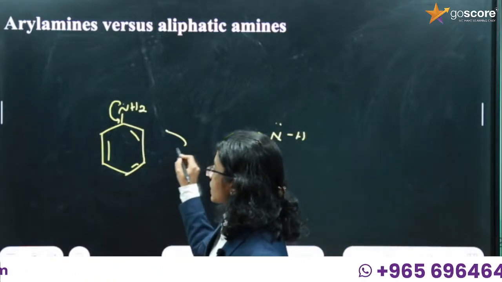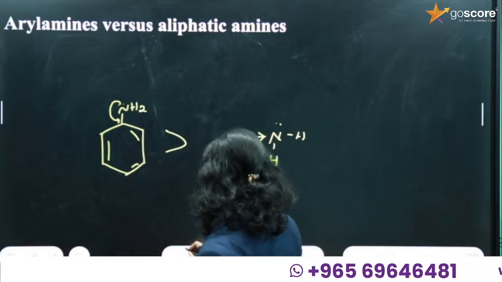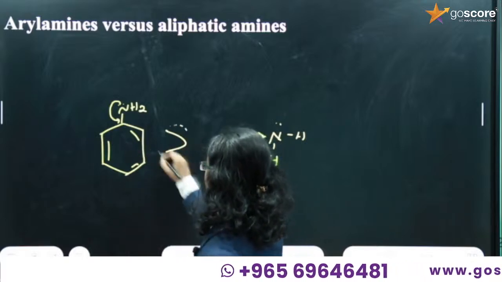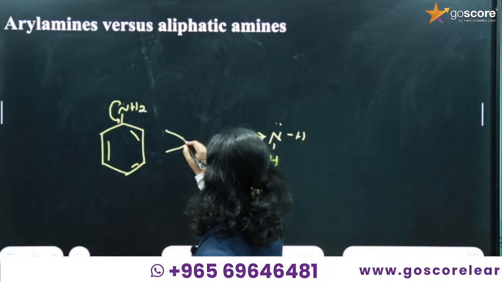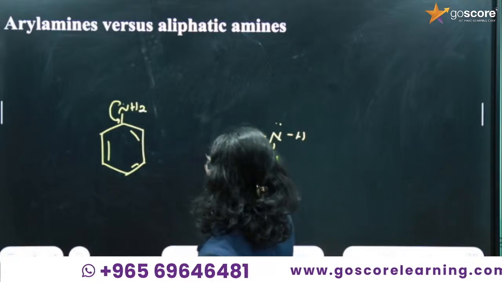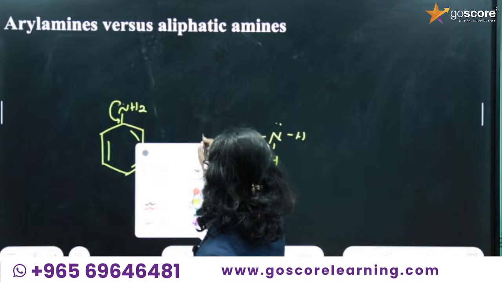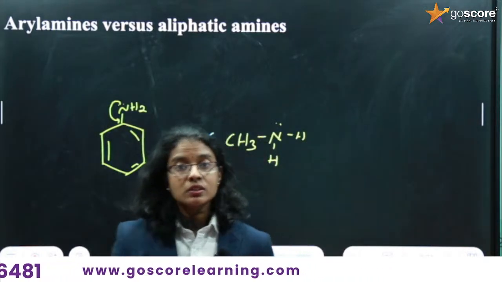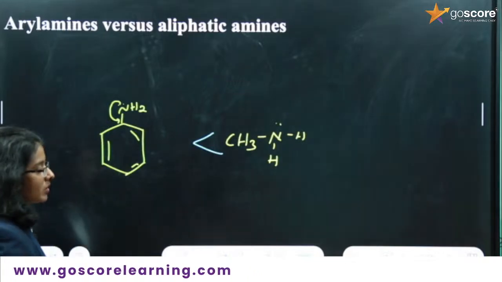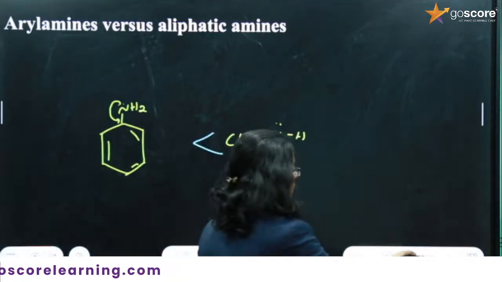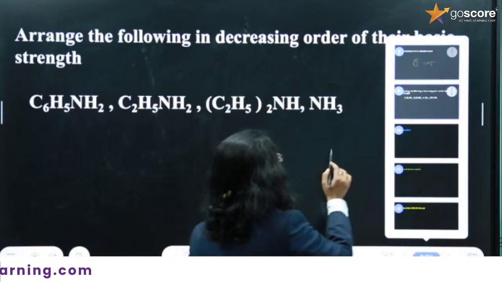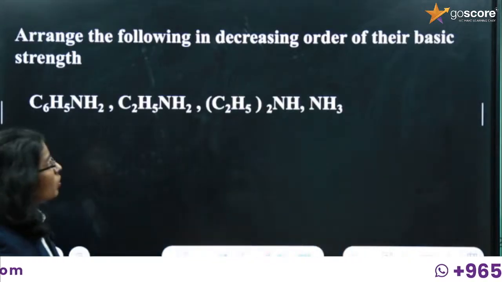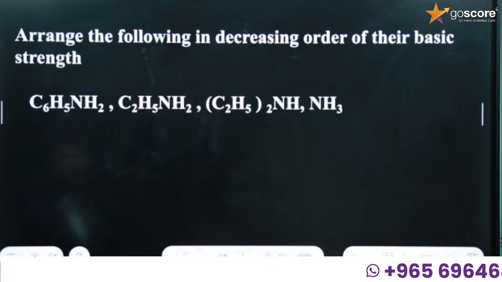So alkylamine is more basic than arylamine. Okay, is it clear? Then the next one: arrange the following in the decreasing order of their basic strength.